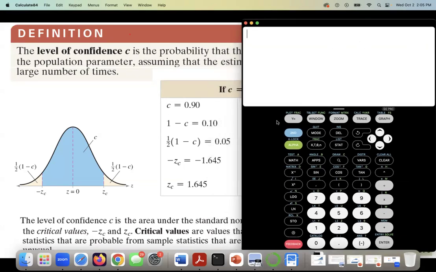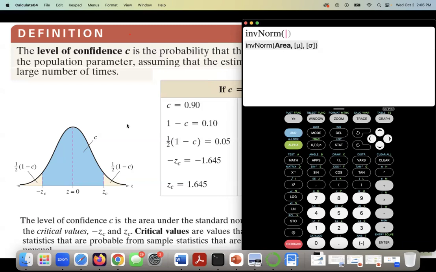What are you going to do? You're going to go to second, vars, and then find inverse norm. In the inverse norm, you need to enter three different pieces of information: area, comma, mean, comma, standard deviation.